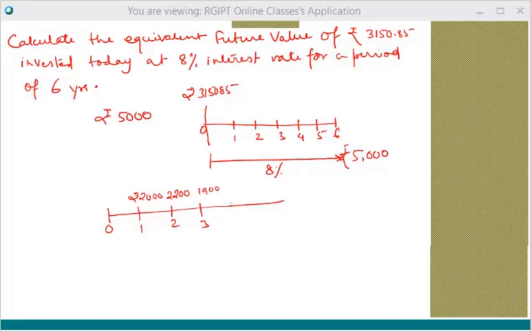This is what the landowner was getting, right? And 2500, and at the end of 5 years, you have 1500. So, what is the future sum of all these at the end of 5 years?